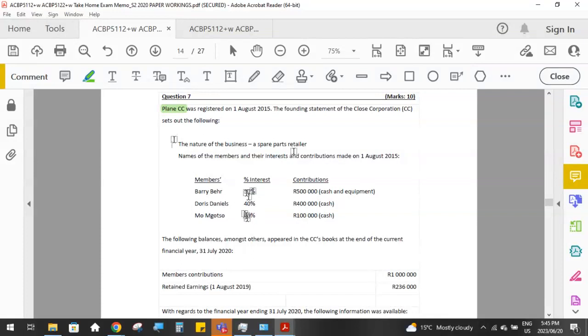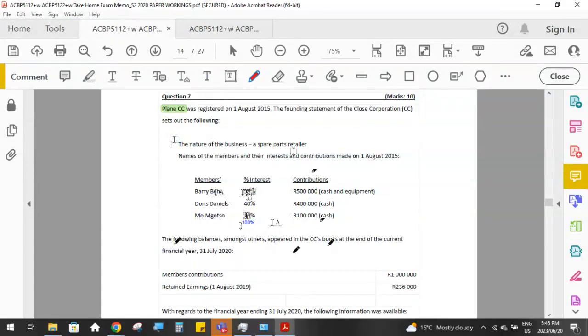So remember, the total percentage interests must add up to 100%, because that is then the total 100% value of the business. How much of the business is owned by each of the members. These are the contributions in total that each of the members made.